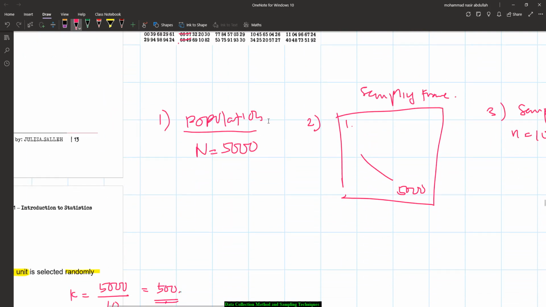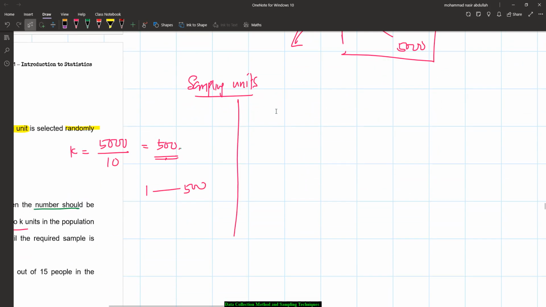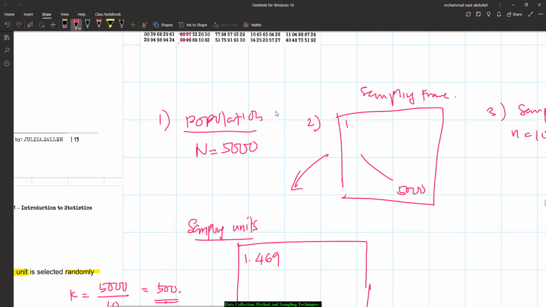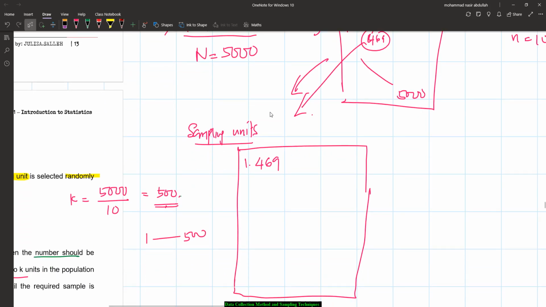So the first member to be selected as a sampling unit is member number 469 from the population list lah. This is 469. Kita ambil kat sini, masuk dalam ni. So this is the first member in the sampling unit.